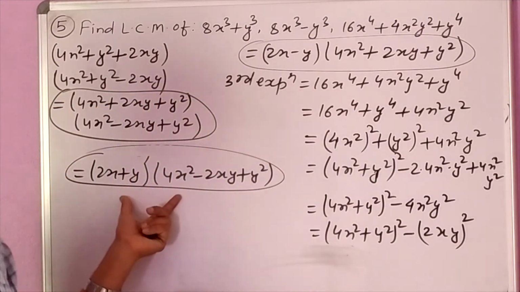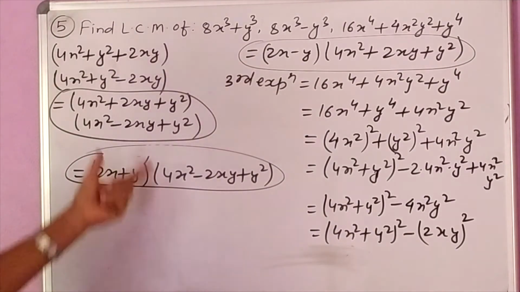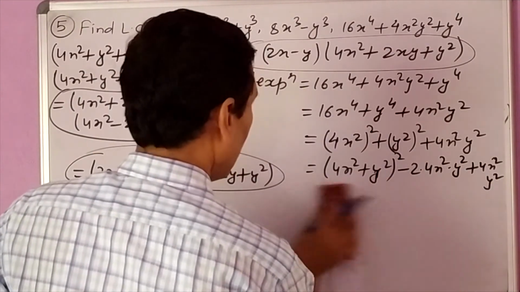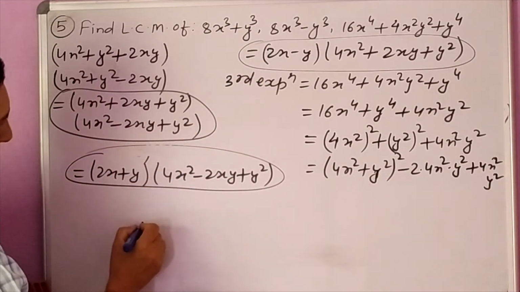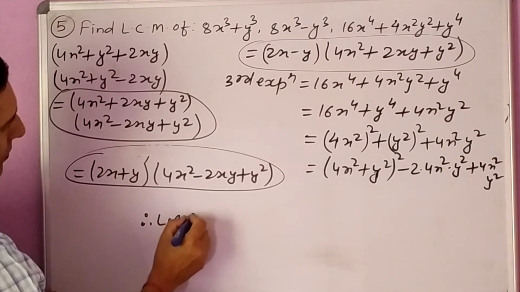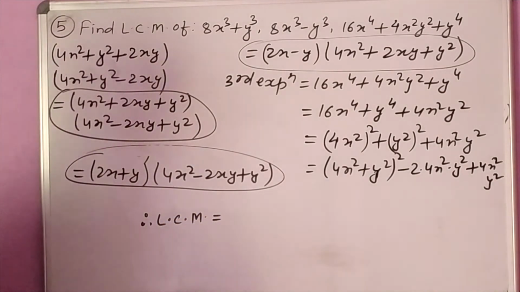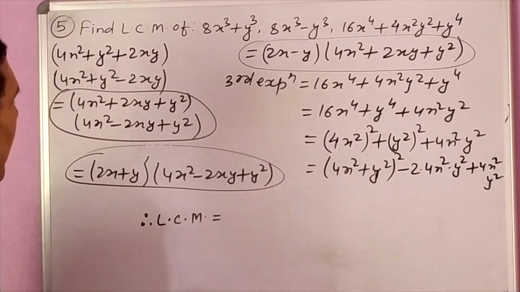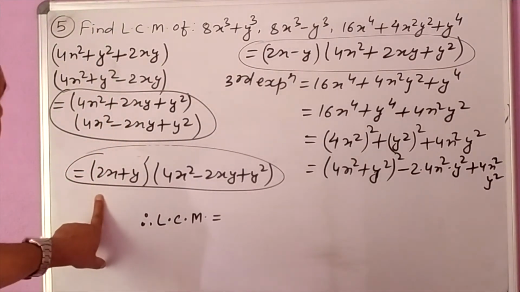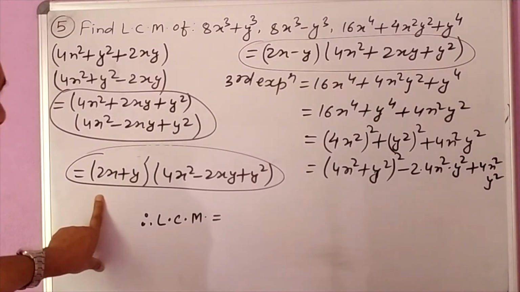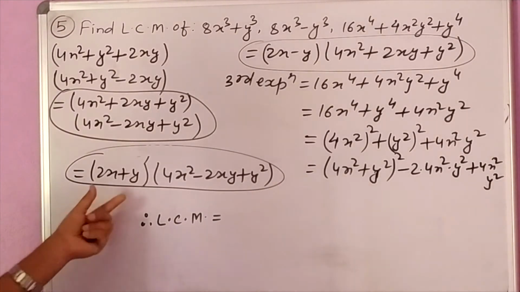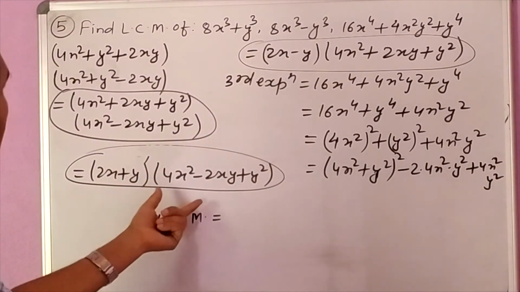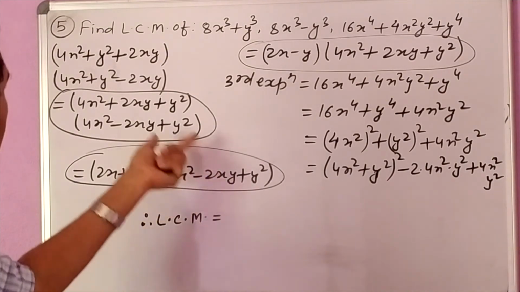Now we have the factors of the first expression, the second expression, and the third expression. Now I am writing their LCM. Therefore, LCM is equal to, first we write the common factors. Which factors are common? We don't have any factor common in all three expressions. 2x plus y, we don't have another 2x plus y, and this we have in the first and third only.